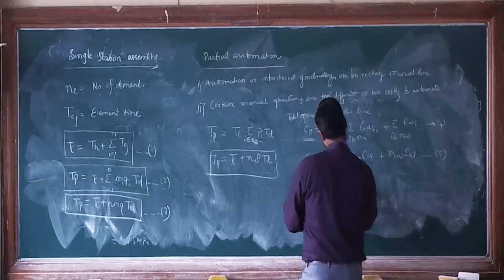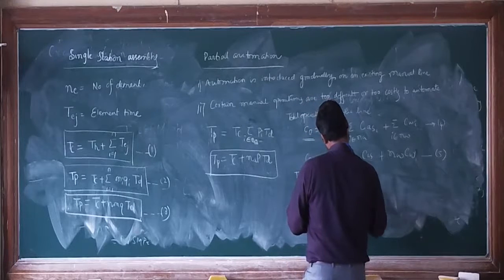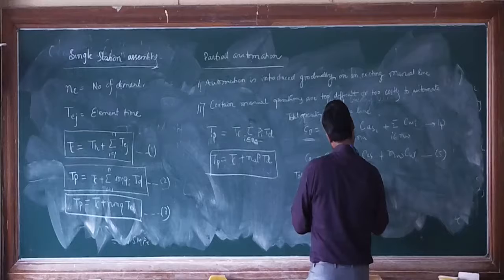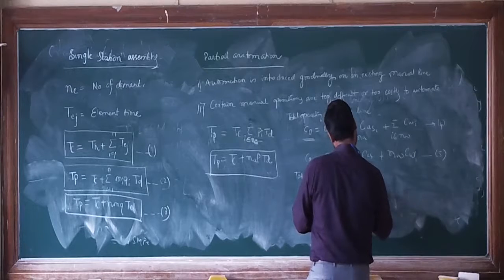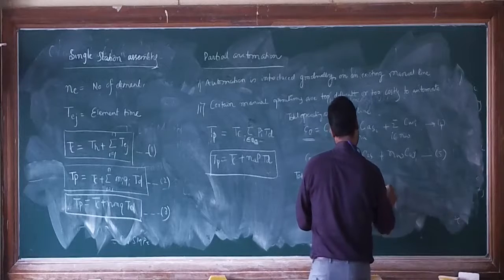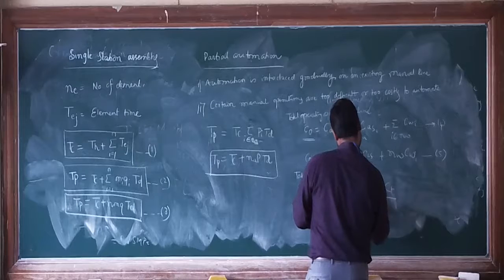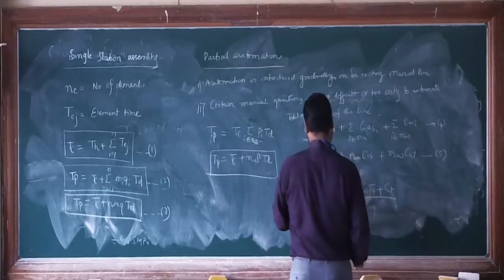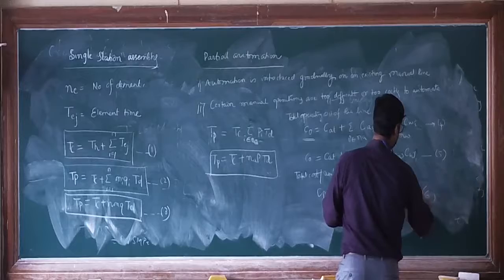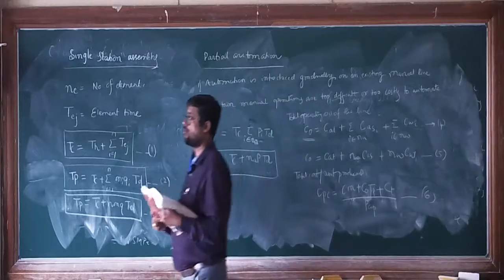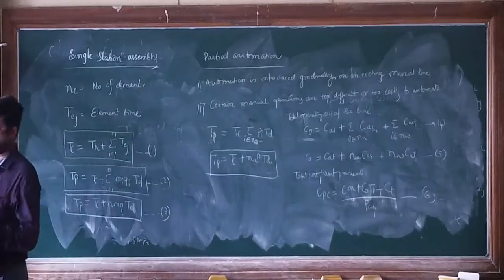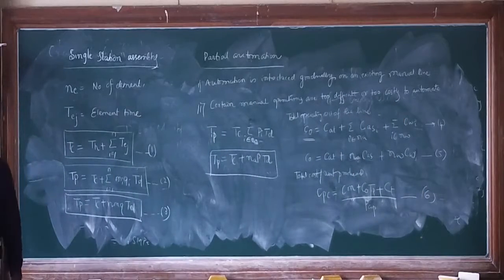CPC is equal to CM, that is manufacturing cost, into operation cost plus the average production time plus C into T, that is the tool changing time, divided by P into AP. So this is equation number 6. With the help of this, we are calculating the cost per component of that particular partially automated line.